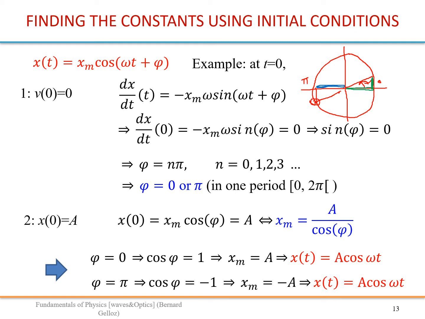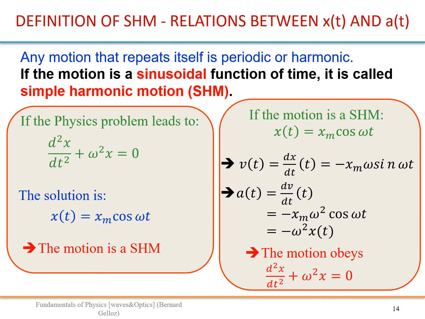Therefore, we have minus a, so this is minus a, and this will be, let me write it here, minus cosine omega t. Therefore, we do get a cosine omega t, even in this case. Alright, so we can summarize what we have found and generalize this.